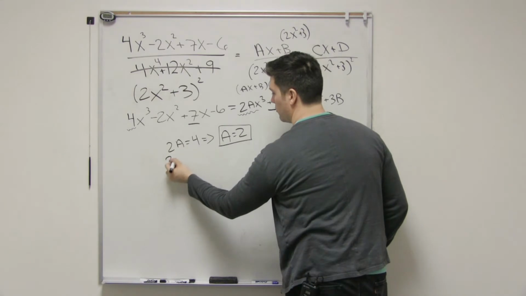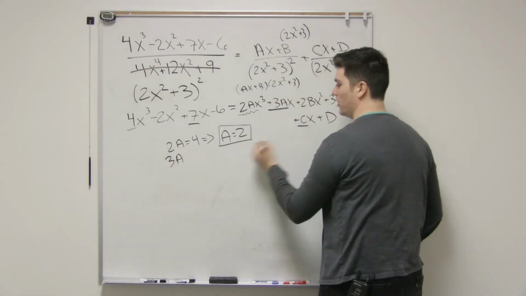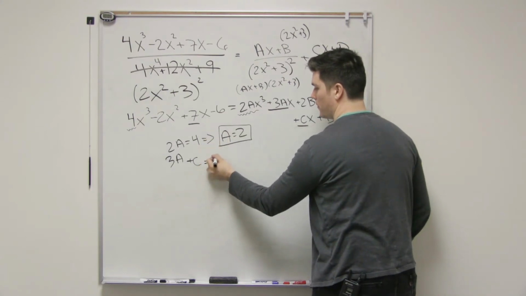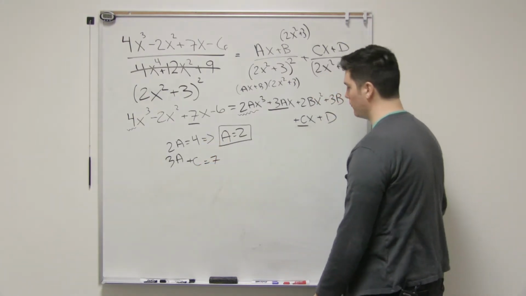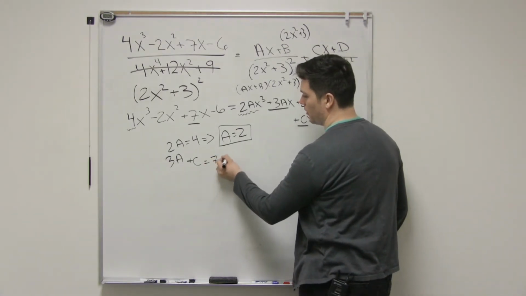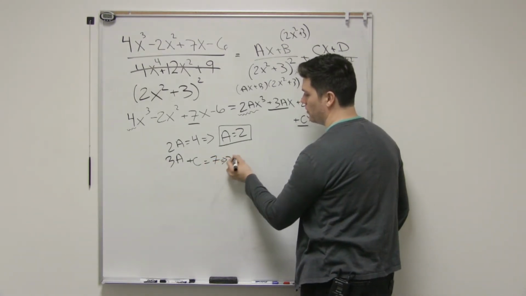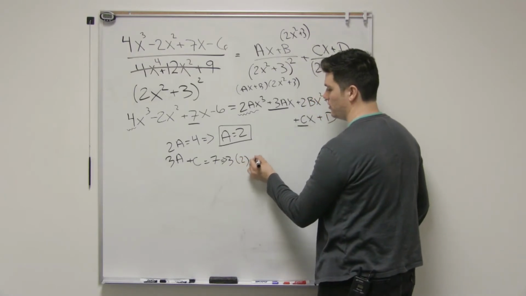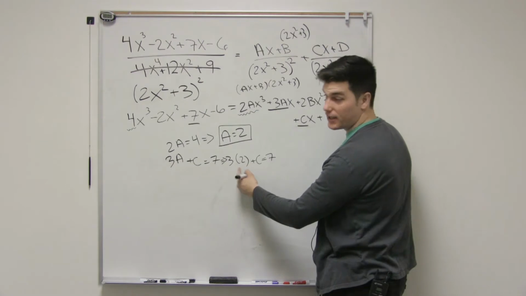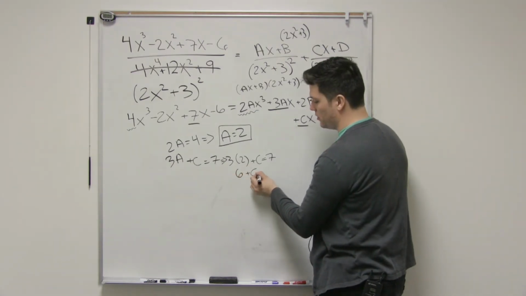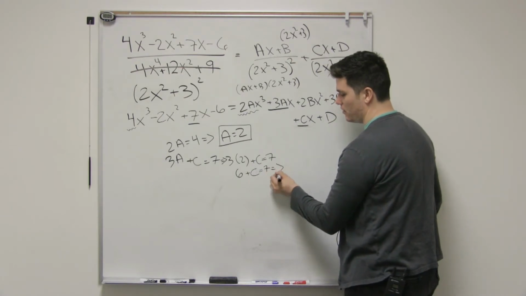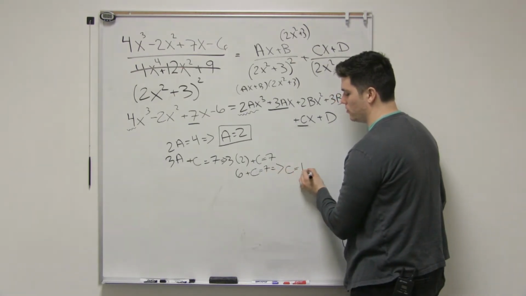So 3a plus c must equal 7. Therefore, we know what a equals already. So 3 times 2 plus c equals 7. 3 times 2 is 6 plus c equals 7. Subtract 6 from each side. C equals 1.